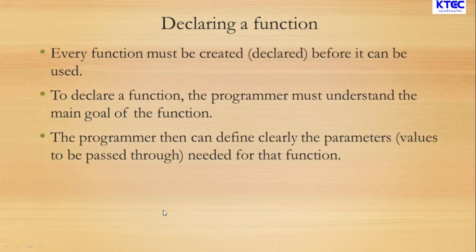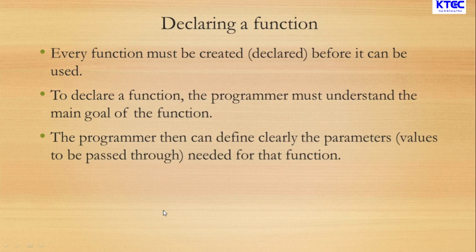Now let's look at declaring a function. Every function must be created, declared, before it can be used. To declare a function, the programmer must understand the main goal of the function. Before you can declare a function, you must understand what the function is going to be used for.